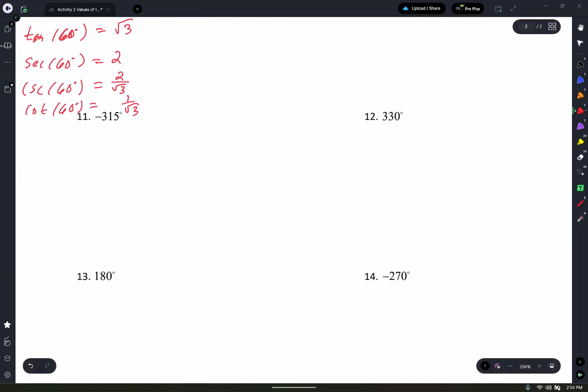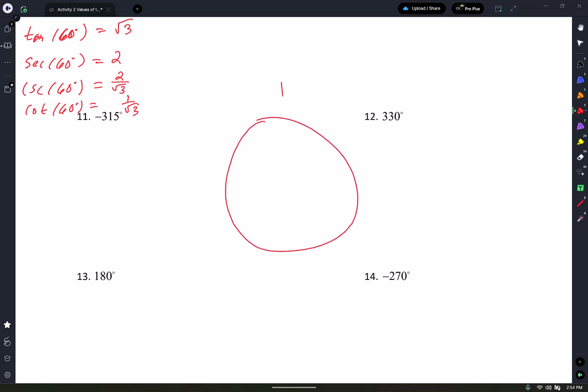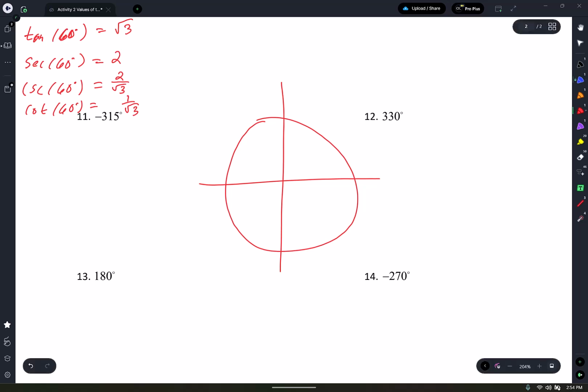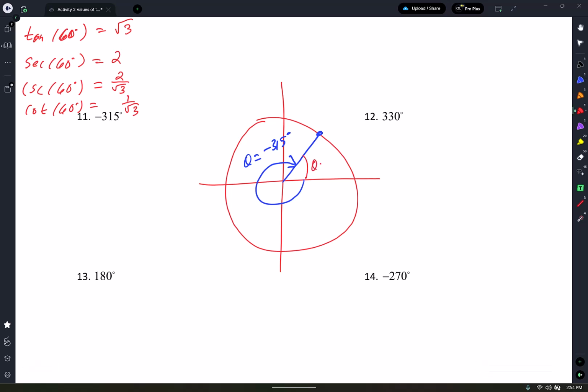Negative 315 degrees. Some of you are messing up with the negative angle, so let me give you a visual of where that one's at. So here's my unit circle. Negative 315 degrees, if I go clockwise, is right here. It's a terminal angle to 45 degrees. See? 45 degrees and negative 315 degrees share that same segment.